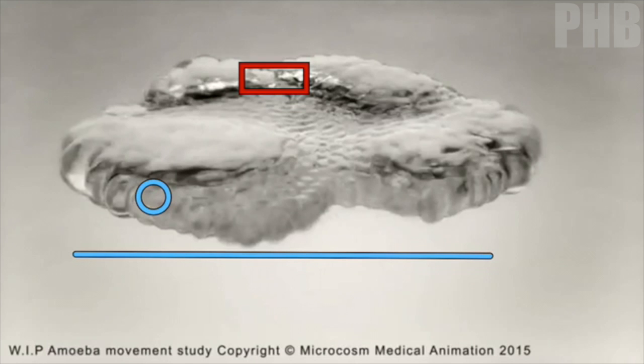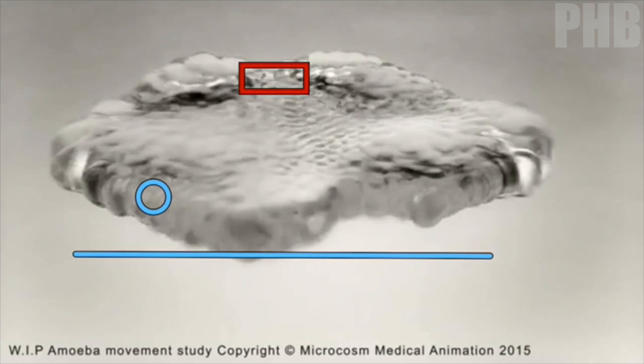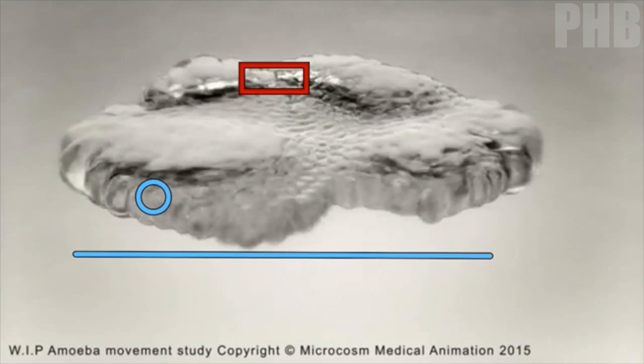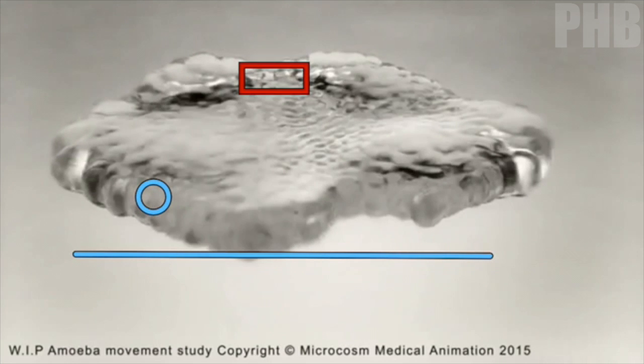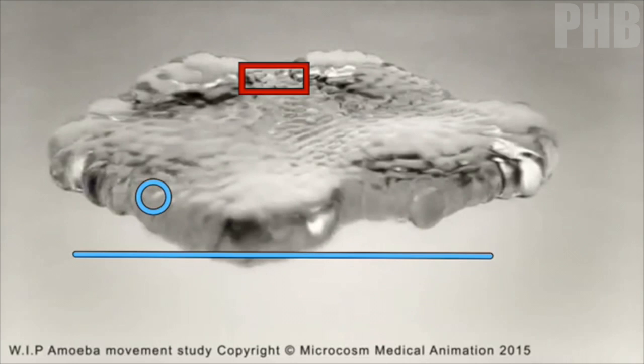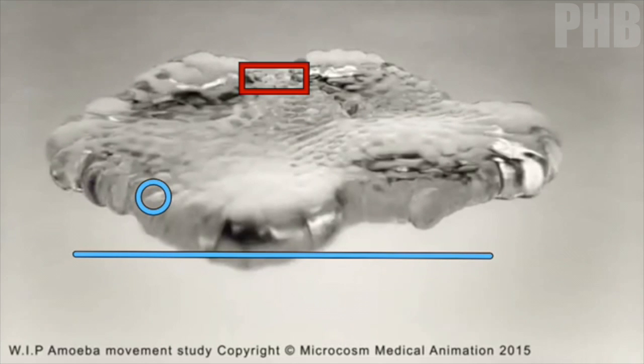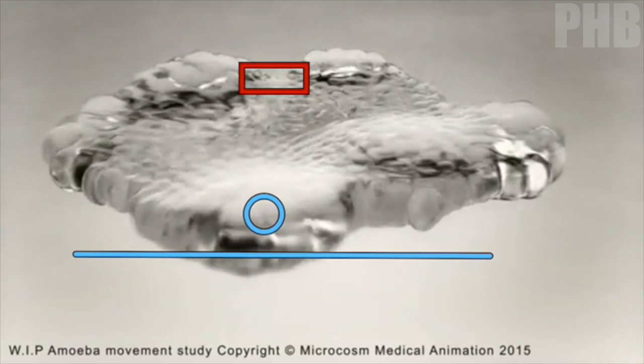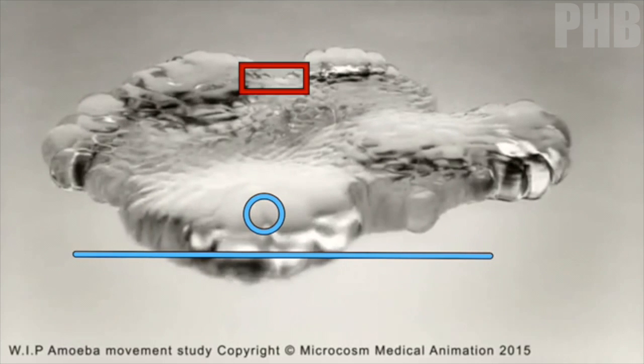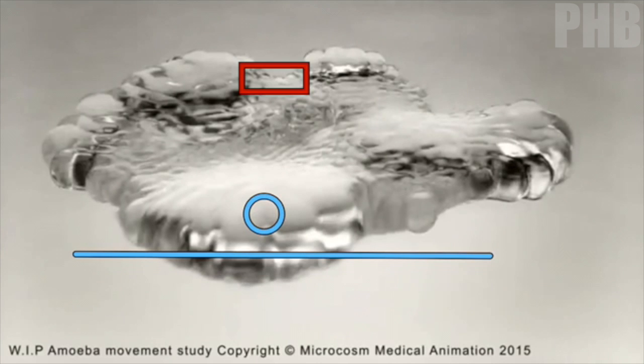The amoeba is kind of shifting and reacting to where the puck is, and as the puck moves around, you'll see that the amoeba moves its pseudopods, or its players, into position to capture the puck.